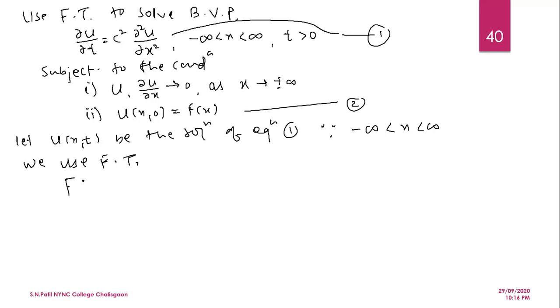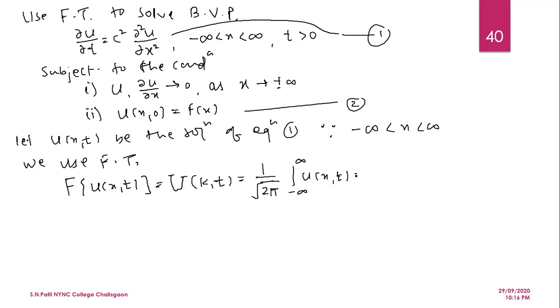The Fourier transform of u, where u is a function of x and t, the result is capital U, a function of k and t, defined as 1 upon under root 2 pi, integral from minus infinity to plus infinity of u of x comma t e raised to minus ikx with respect to x. Say equation number 3.